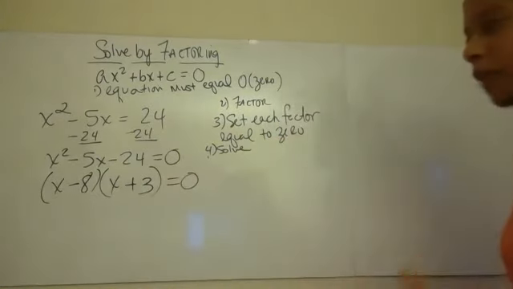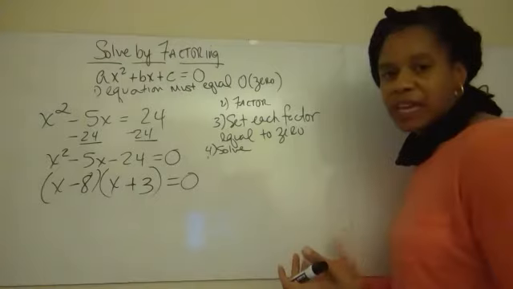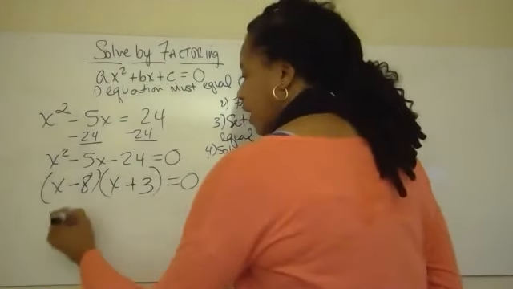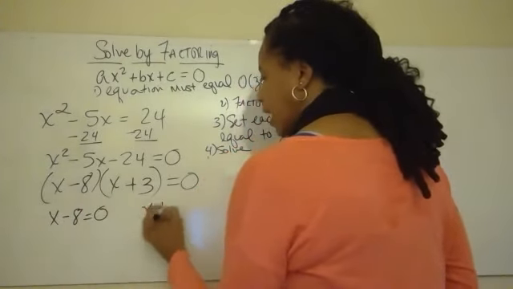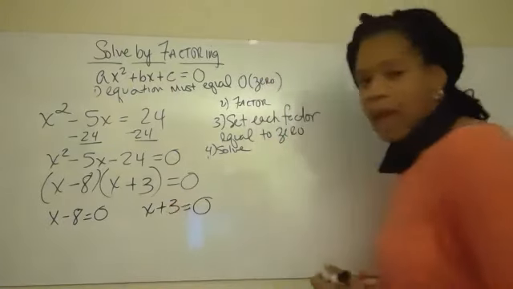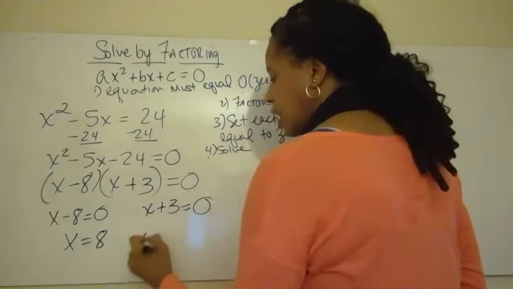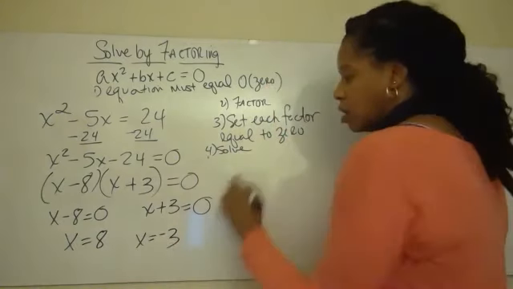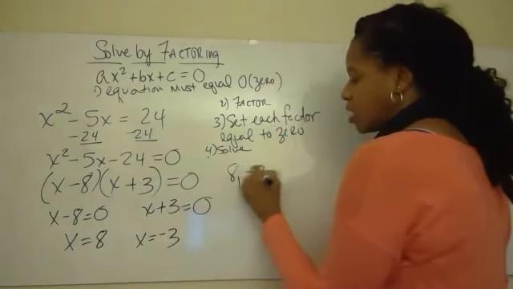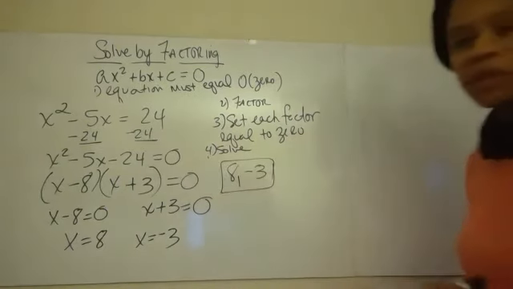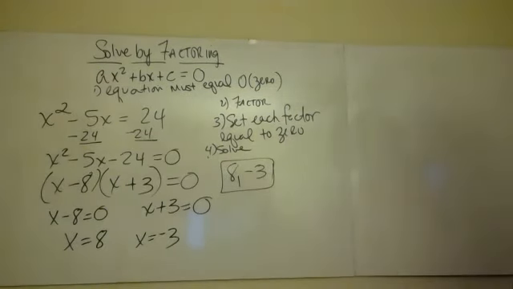So my problem is factored. Now all I have to do is set each factor equal to 0. So x minus 8 equals 0, x plus 3 equals 0, and then I solve for each x. So x is equal to 8 and x is equal to -3. So when you put in your answers, they're going to tell you to separate your answers by commas. So 8 and -3 would be the answer.